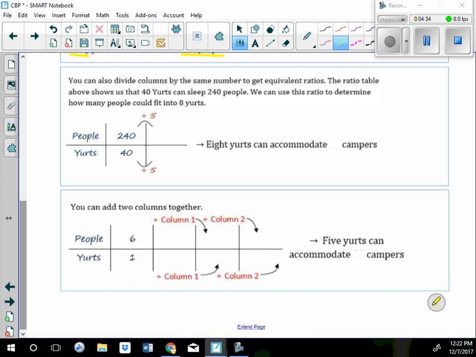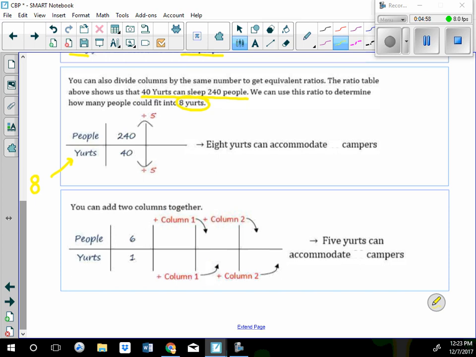The ratio table above shows us that 40 yurts can sleep 240 people. And we can use this ratio to determine how many people could fit into 8 yurts. So our goal here is to get our number of yurts to 8. And I like to draw this little arrow so I know what my goal is.